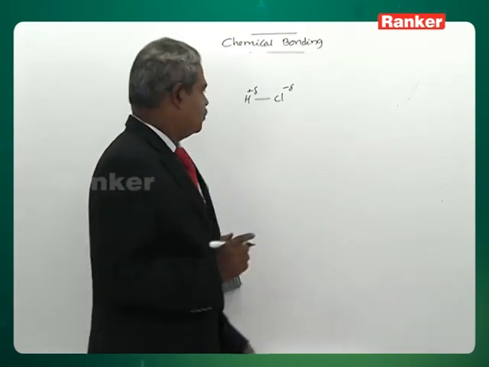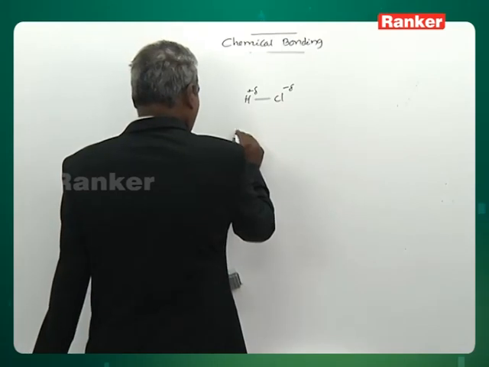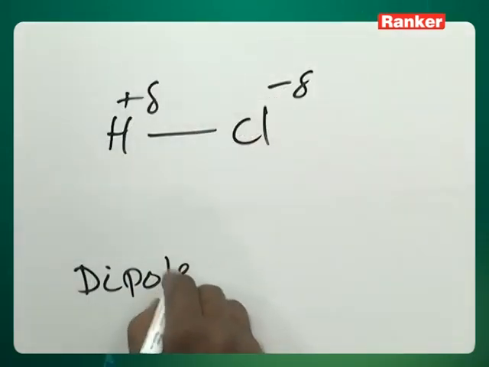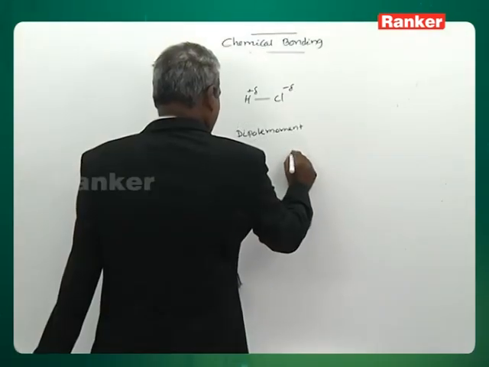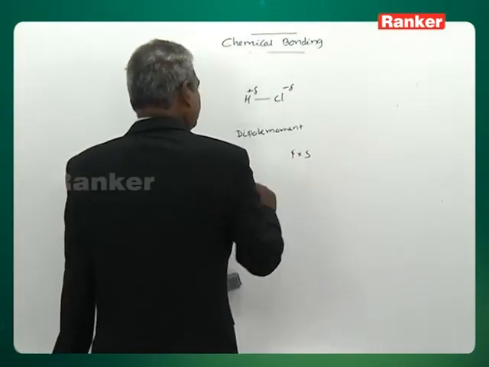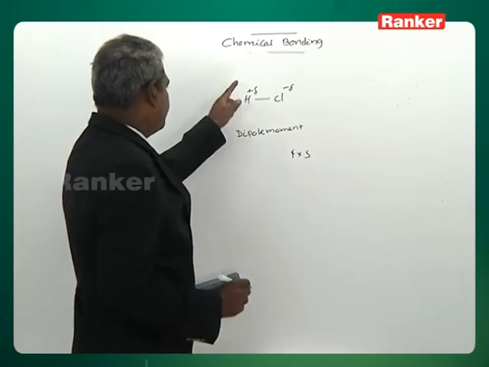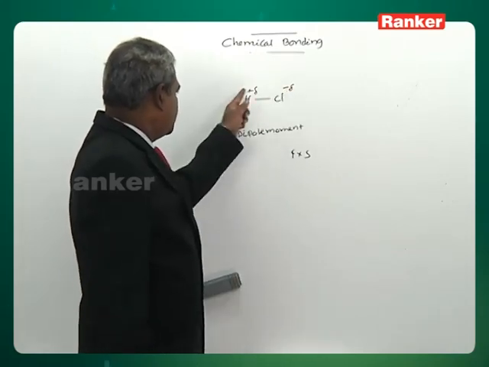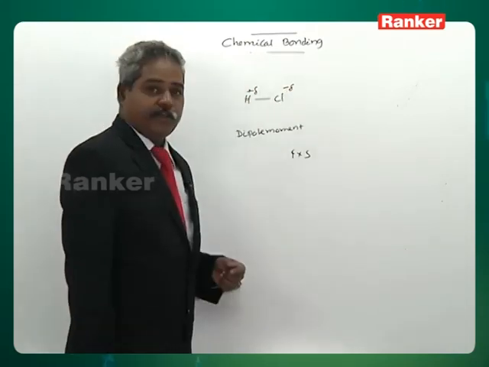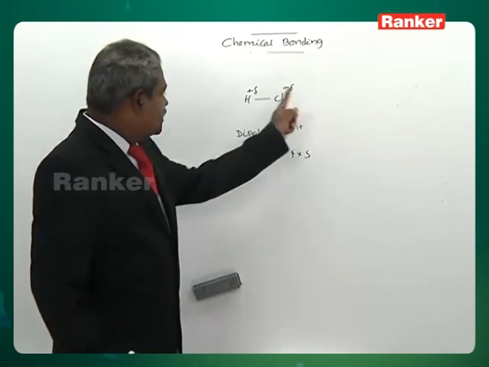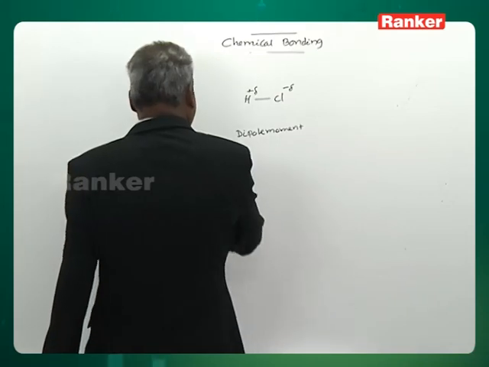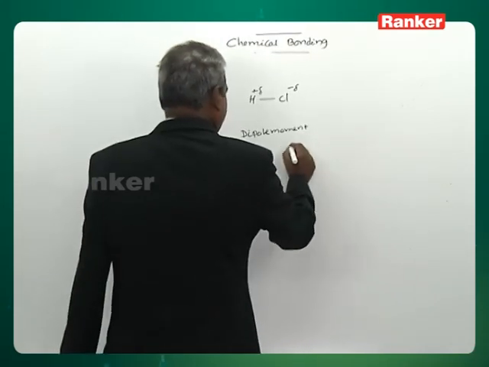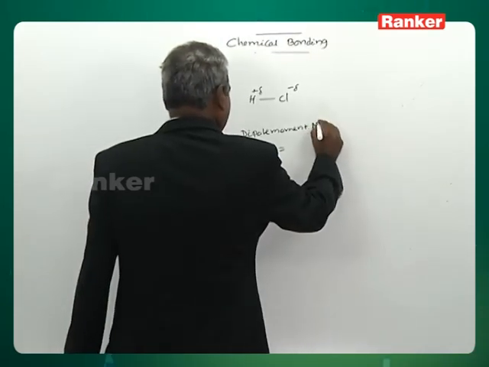So moment of forces, which is called dipole moment. What do you mean by moment? Force into distance from where the force is acting. Here is a positive charge and here is a negative charge. Some force is acting between them, and how far it is acting from decides the dipole moment of the molecule.